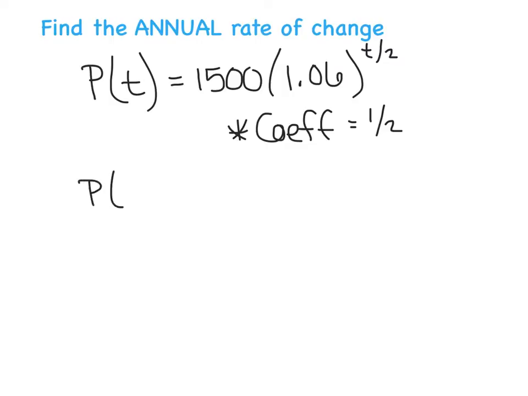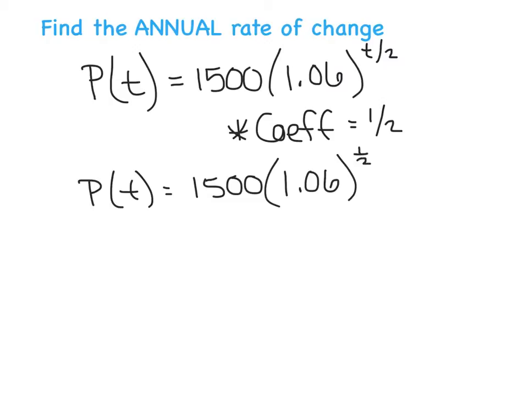So the function p of t is really just 1500 times 1.06 raised to the t divided by 2. I'm going to try to take the smallest steps possible. Right now, I could rewrite the exponent as 1/2 times t, right? Is that equivalent to saying t divided by 2? Well, of course it is.